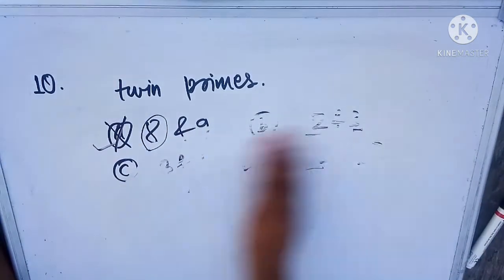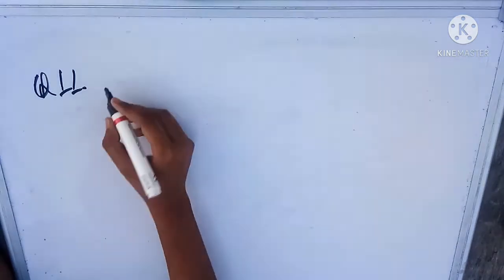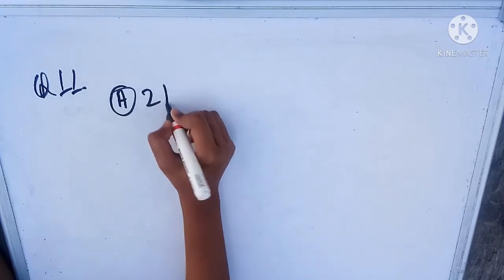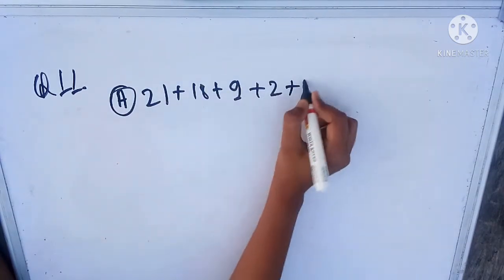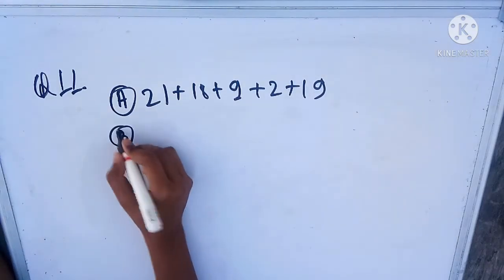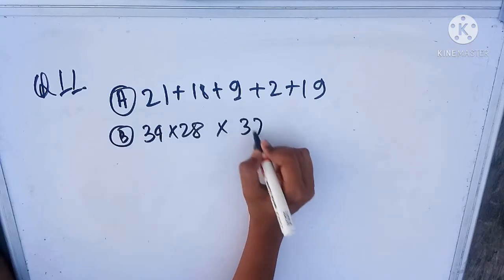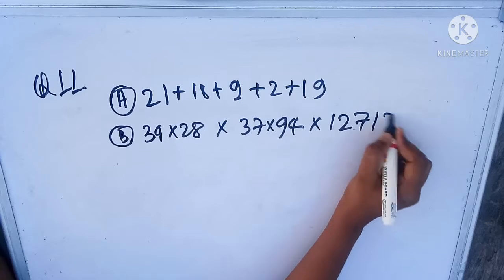The next question, question number 11. It says that we have to find the even number from the following options. Option A is 21 plus 18 plus 9 plus 2 plus 19. Option B is 34 multiplied by 28, 37, 94 multiplied by 12712.